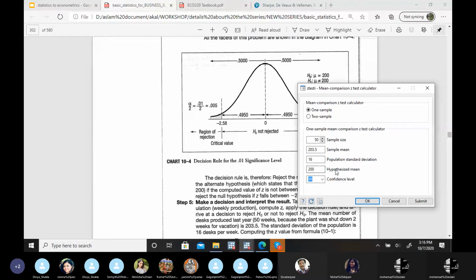200 is the hypothesized mean, that's the null hypothesis. 1% level of significance, that's 99% confidence interval. Population standard deviation is given in the question itself, it's 16. Sample mean is 203.5. So if you enter these values and click OK, it will give you these results.